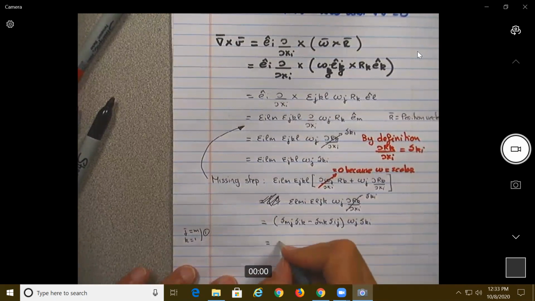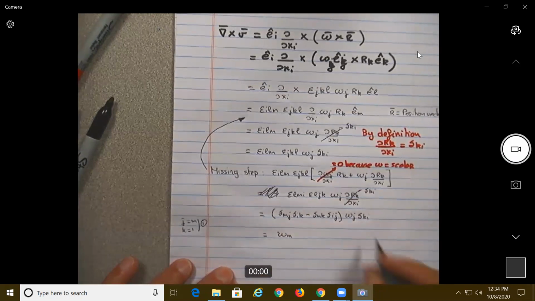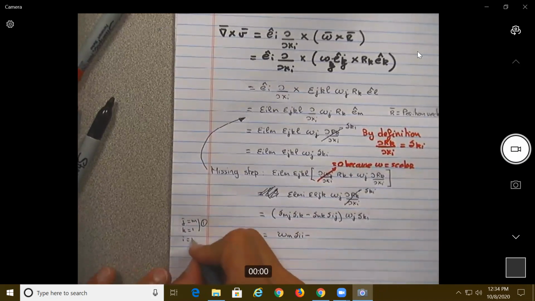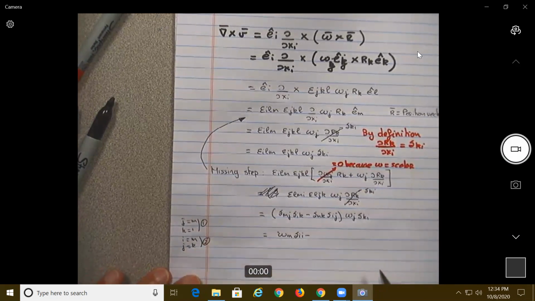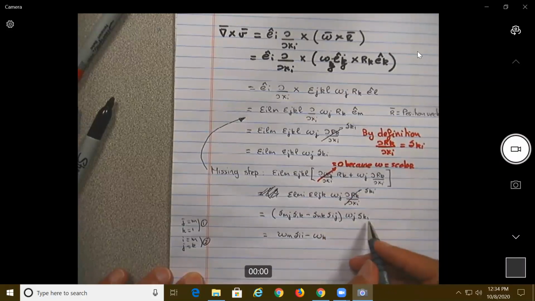We're going to get omega_m of delta_II. Then in the second case, when I is equal to m and j is equal to k, we're going to get minus omega_k, with k equal to m, delta_km.